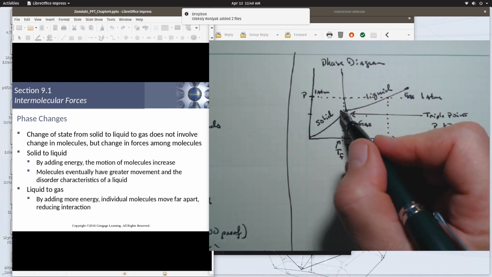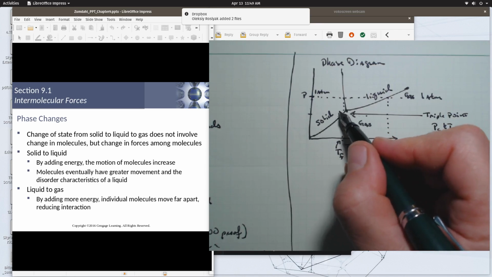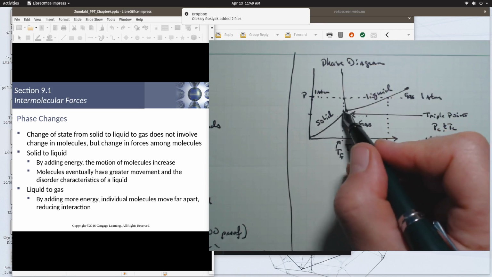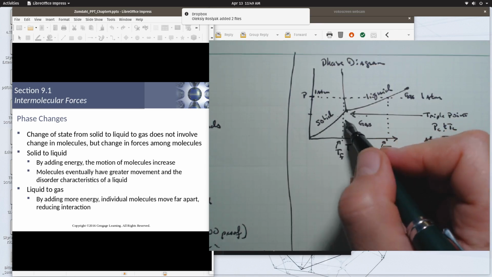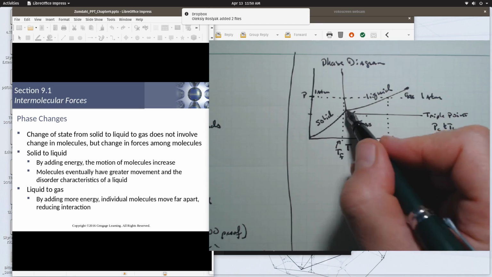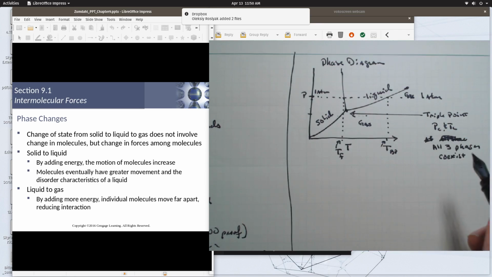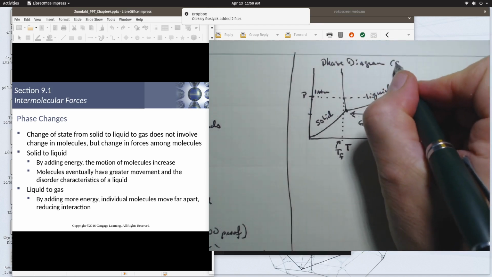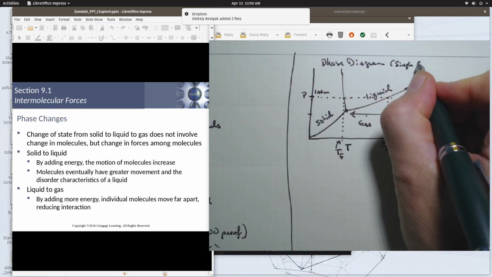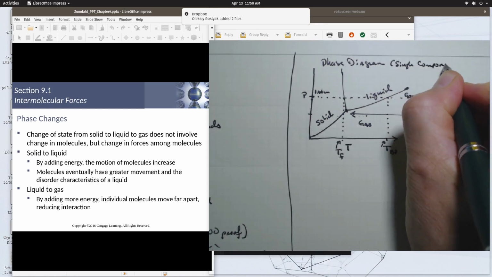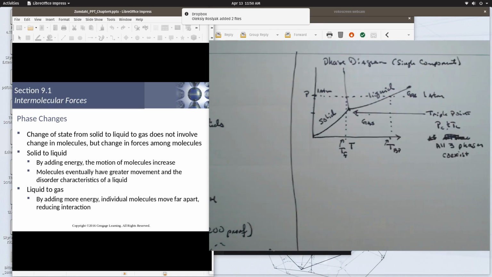Any change or fluctuation in pressure or temperature pushes you away from that point. So it's a very unique temperature and pressure point for a single component material.